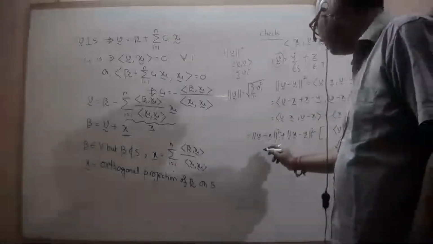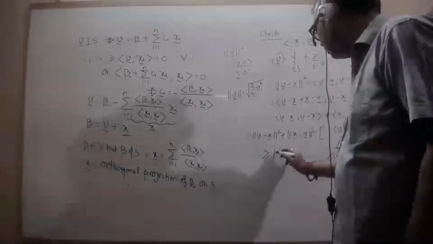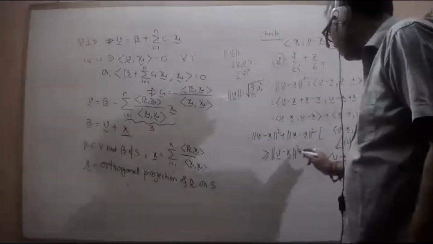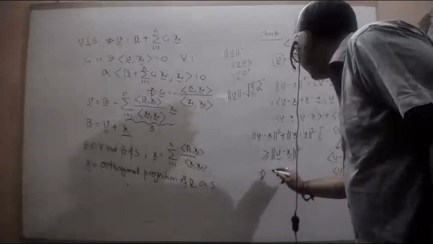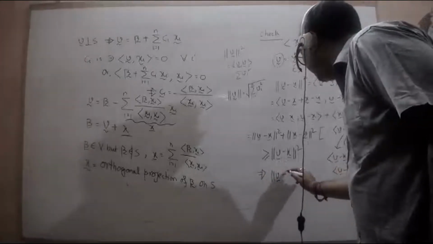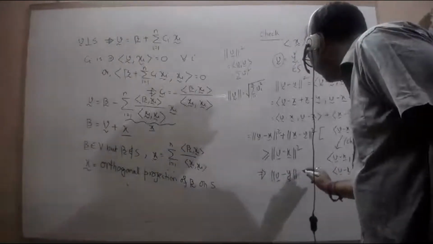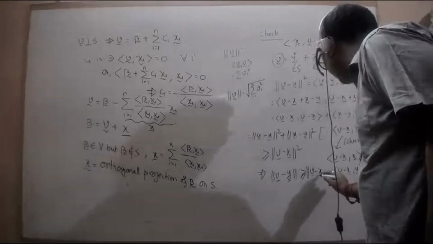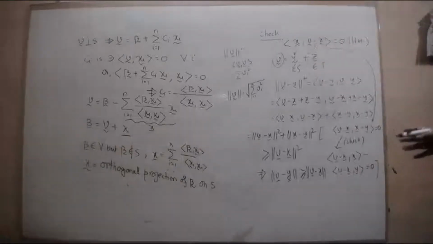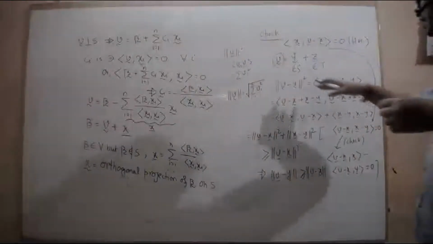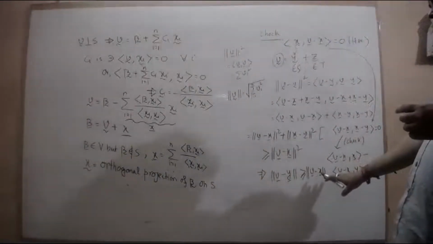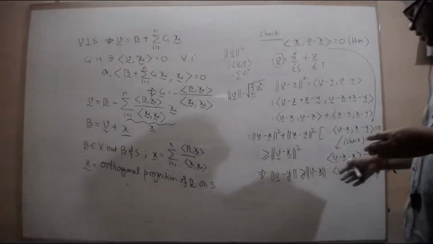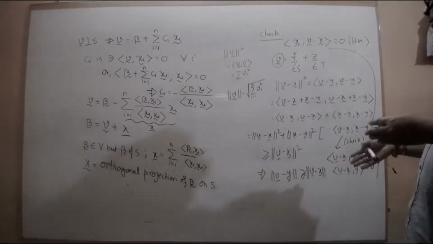This implies, so the interpretation of this result: instead of any projection, if you take an orthogonal projection, then the distance is minimum.